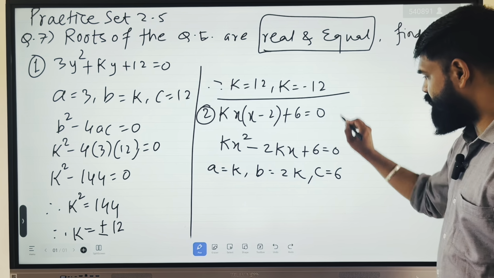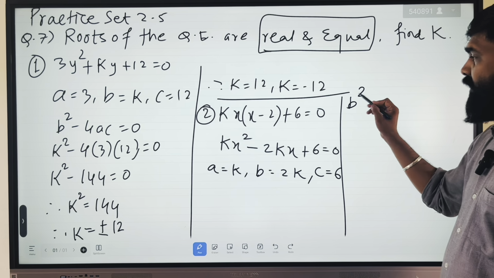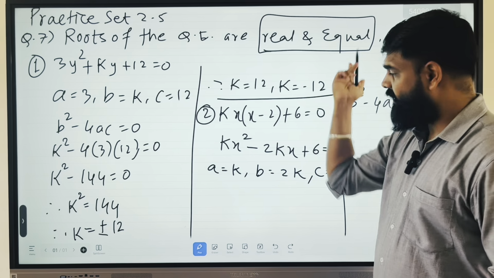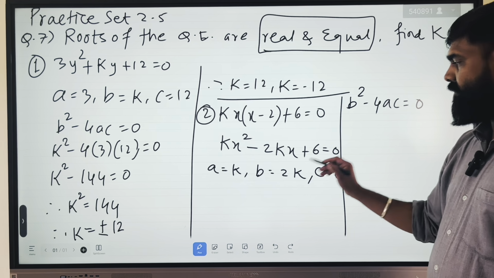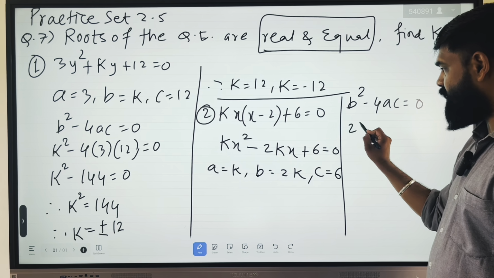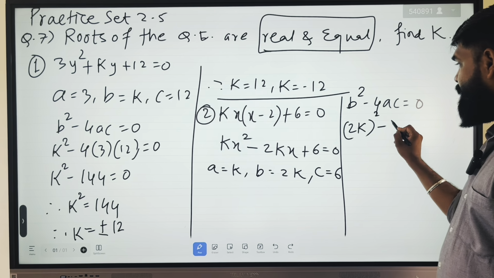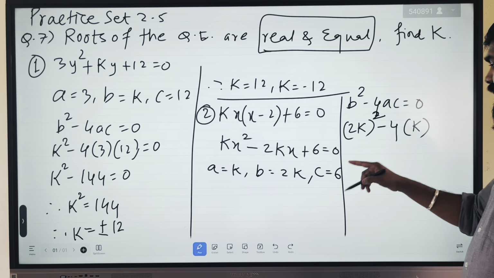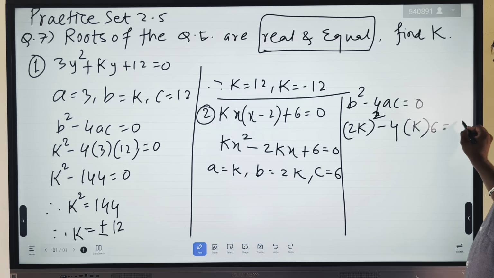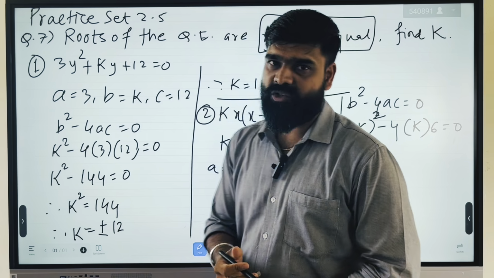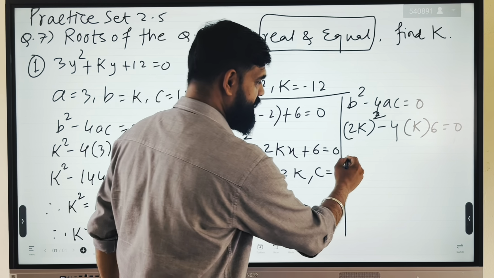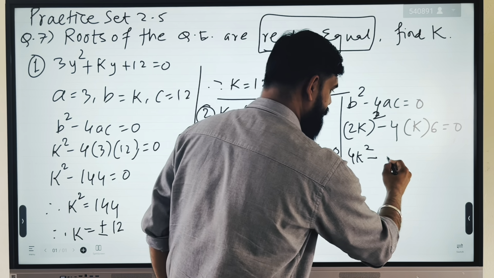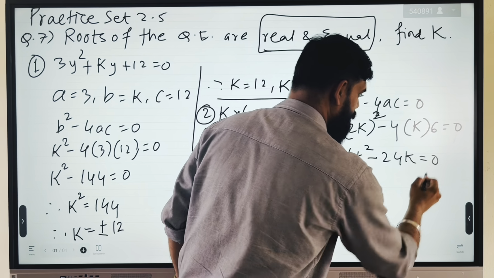In this question also we have to use the discriminant. So b square minus 4ac is equal to 0 because the roots are real and equal. Let us simplify this. Instead of b we write minus 2k, whole square, minus 4 into a is equal to k, and c is equal to 6, is equal to 0. So let us simplify this. 2k whole square is 4k square, minus 4 into 6 is 24, k is equal to 0.